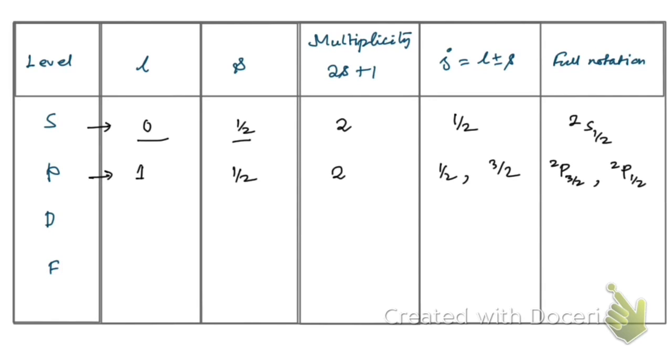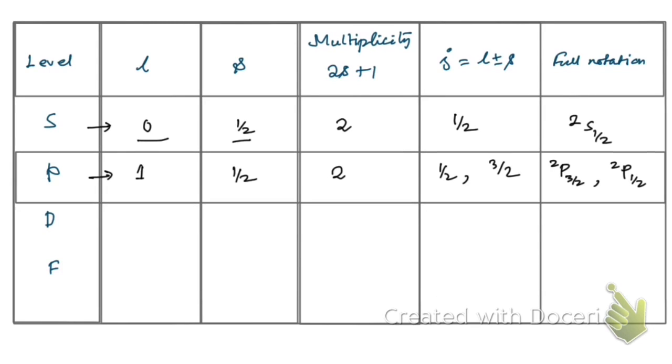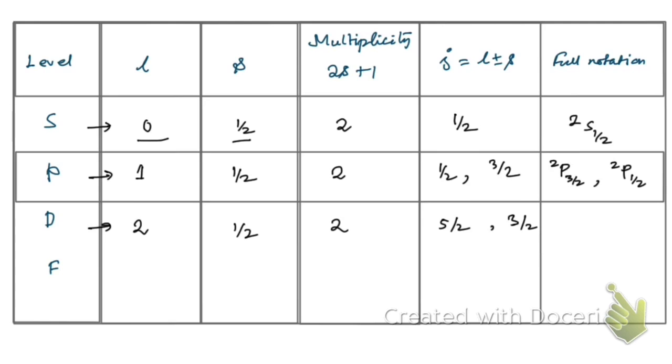So now here you see. For the d orbital, the corresponding value of l is 2, and s is half, and multiplicity is gonna be 2. Here we're gonna get L plus S is 5 by 2 and L minus S is 3 by 2, right? So as multiplicity is 2, we're gonna get 2d 5 by 2 and 2d 3 by 2.